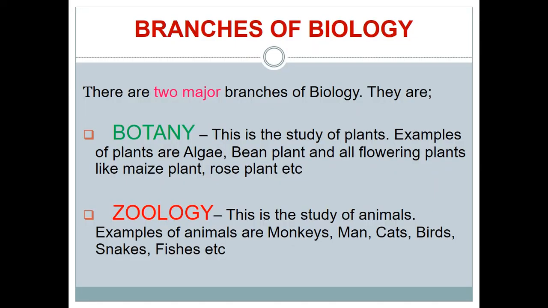Branches of biology. There are two major branches of biology. They are: 1. Botany. This is the branch of biology that studies plants. Examples of plants are algae, bean plants, and all flowering plants like maize plants, rose plants, etc. Number 2, we have zoology.